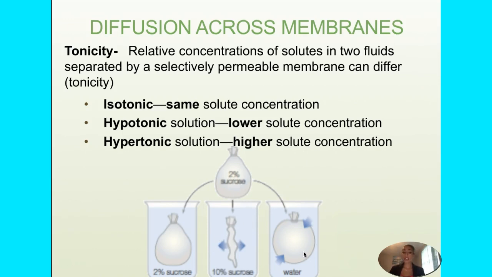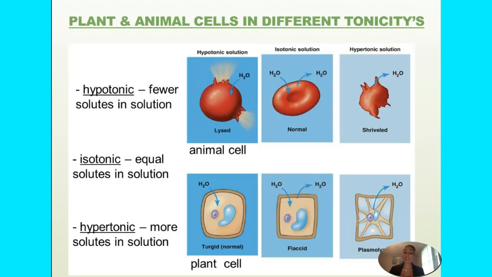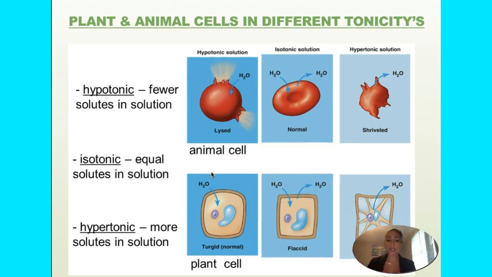Over here, you actually have a hypotonic solution because we have 2% sucrose in the cell and 0% sucrose in the actual beaker. Okay, so what's going to happen here is you're going to say that the cell is placed in a hypo or lower solute concentration solution. Okay, so what happens when you put the different cells in each of these different tonicities? This is what's going to happen.